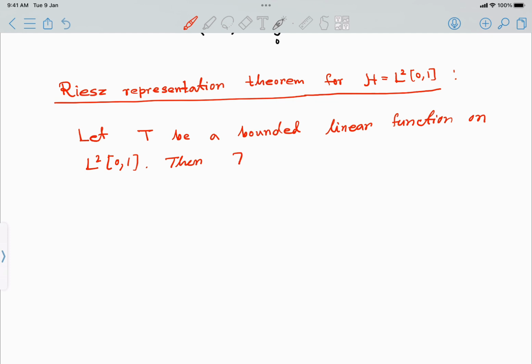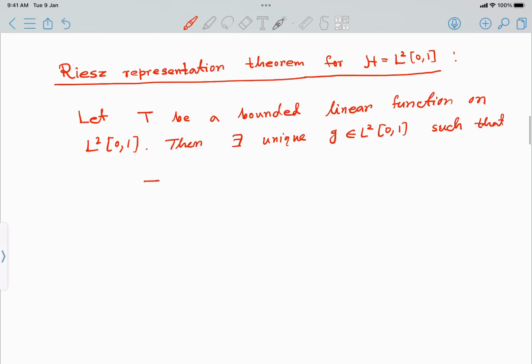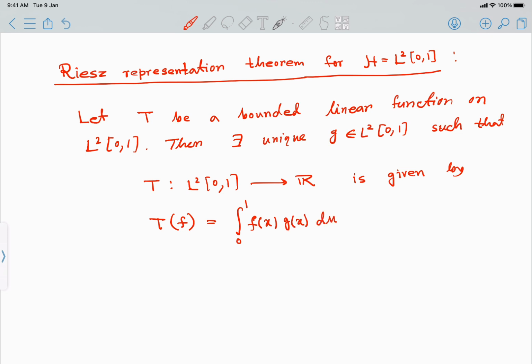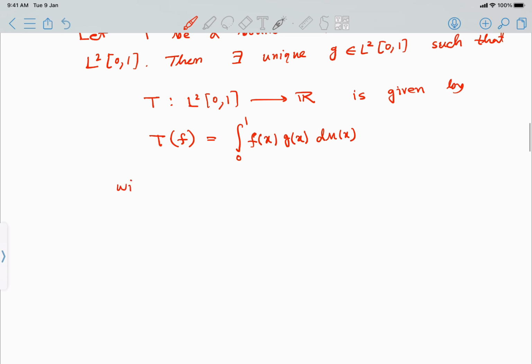Then there exists a unique g in L2[0,1] such that T, which maps from L2[0,1] to R, is given by T of f equals the integral from 0 to 1 of f(x) g(x) d mu(x), with the functional norm of T being the same as the L2 norm of g.